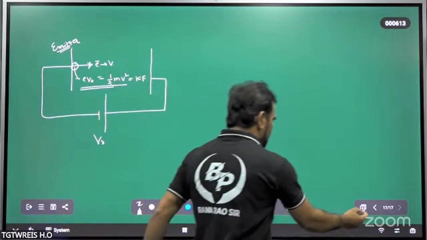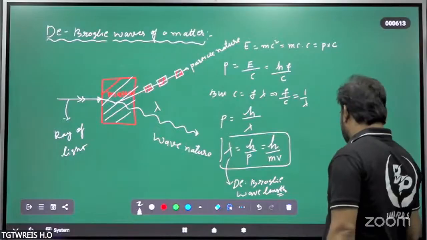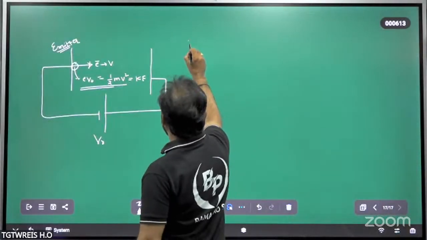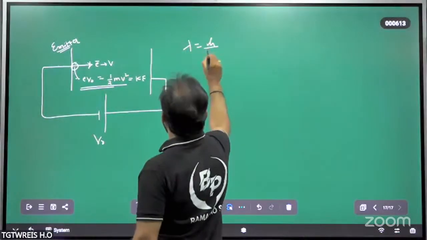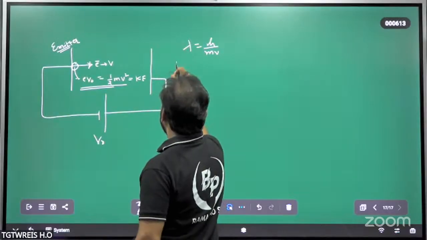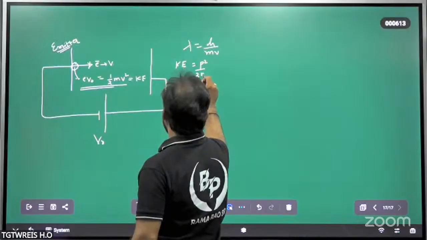Therefore, the de Broglie wavelength can be written as lambda is equal to h by mv. But the kinetic energy of an electron is given by K is equal to p square upon 2m.